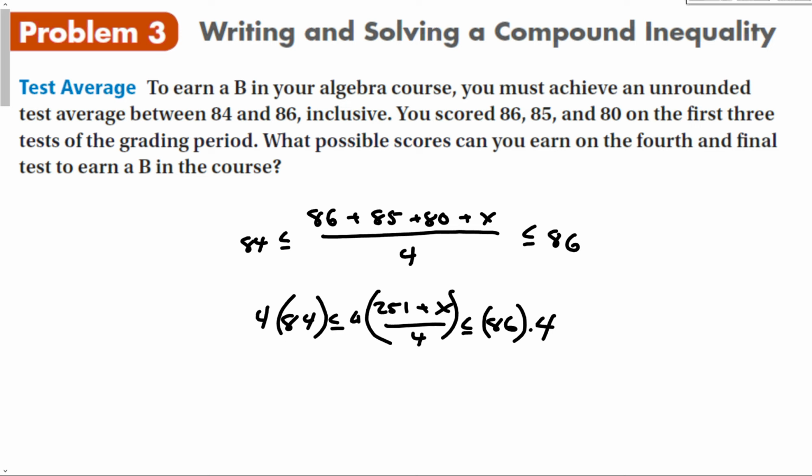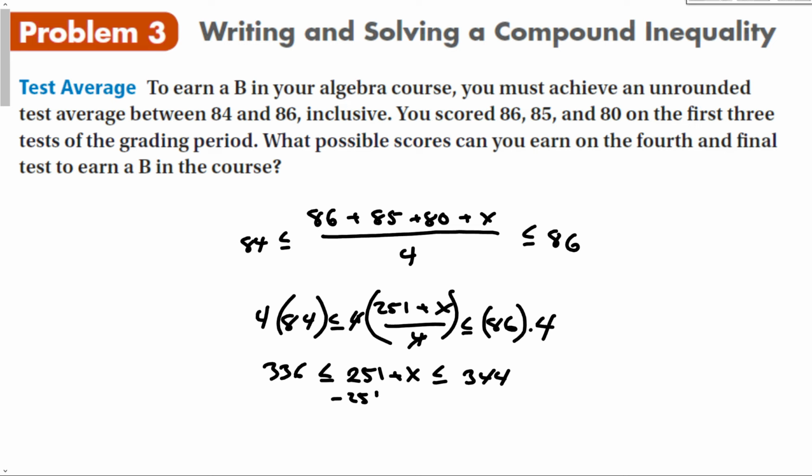So what that will let me do is cancel out these two 4's. So now I have 84 times 4, which gives me 336 is less than or equal to 251 plus x is less than or equal to 86 times 4, which gives me 344.